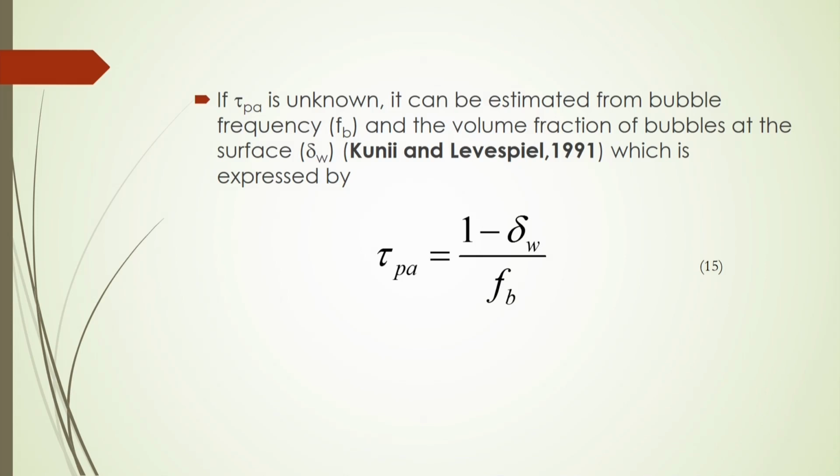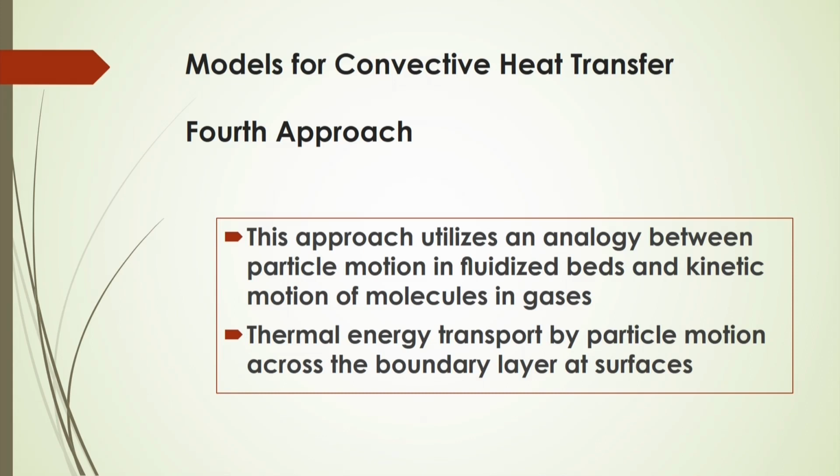What will be the bubble fraction is expressed by equation 15 to calculate this tau Pa, that is the residence time of the packet particles, which can be denoted by 1 minus delta W by Ab.